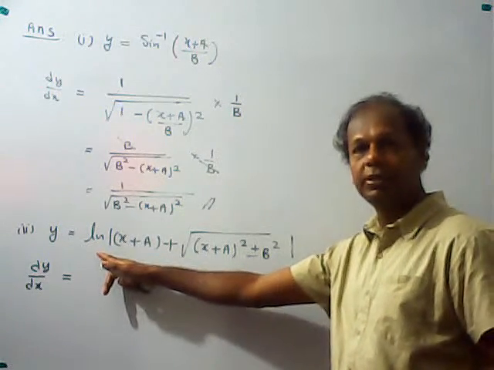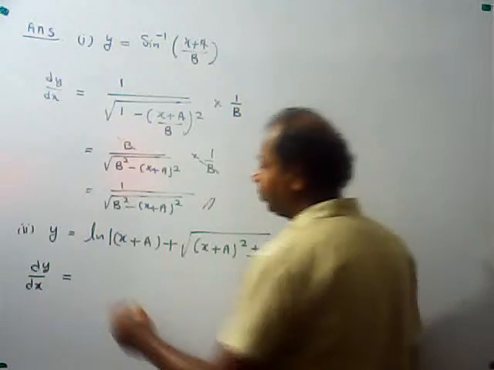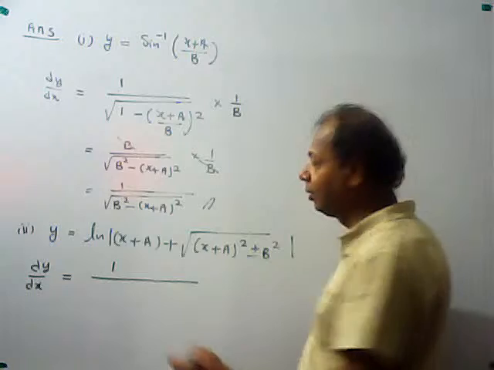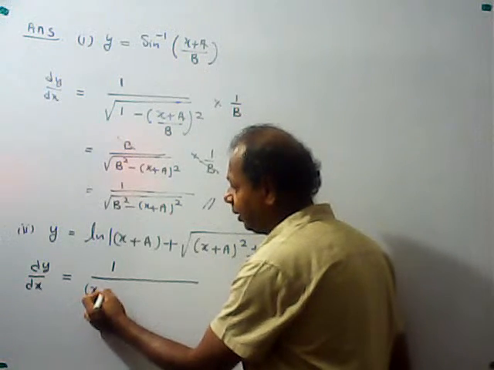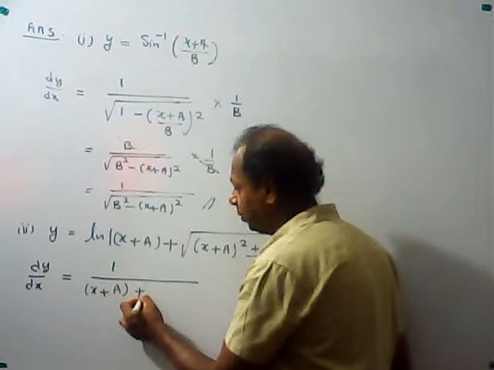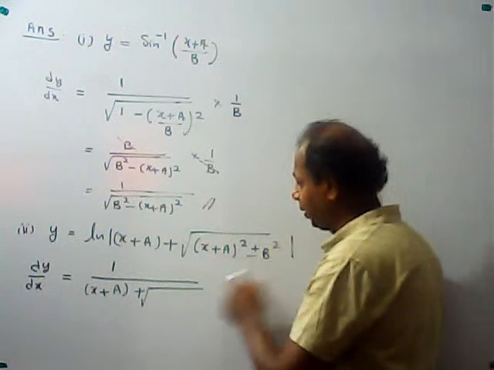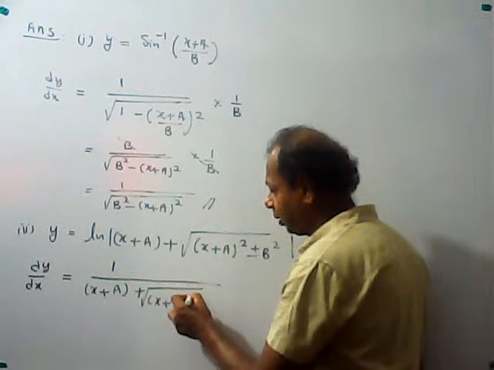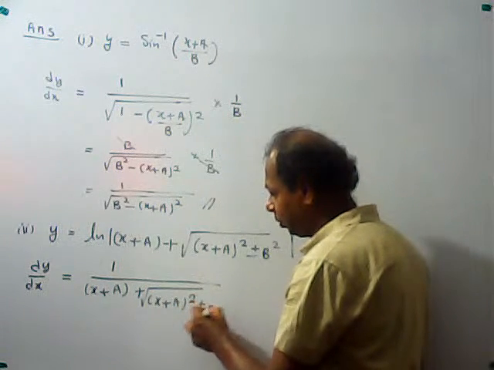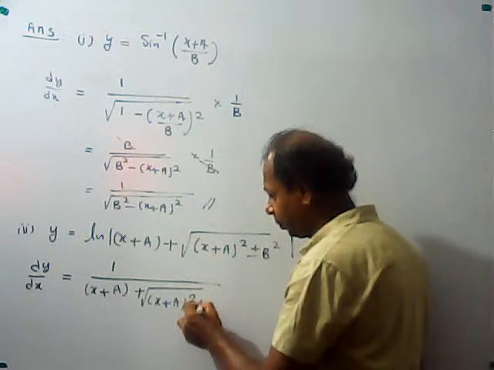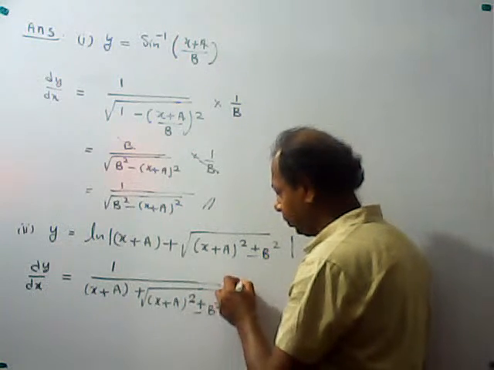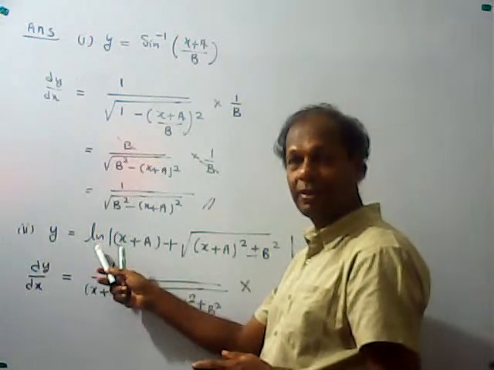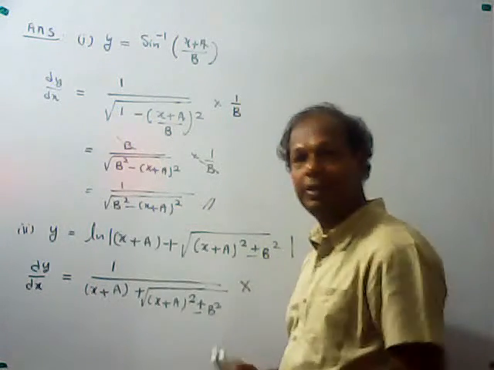First differentiate the outer function ln, that will be 1 over whatever you have inside, x plus a plus square root of this thing, x plus a squared plus or minus b squared, into the derivative of the inner function, chain rule.